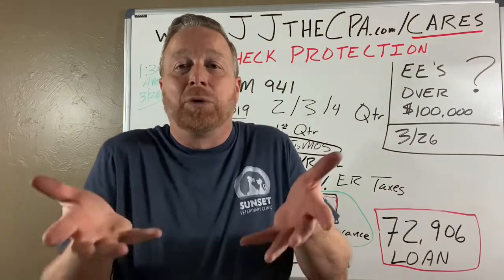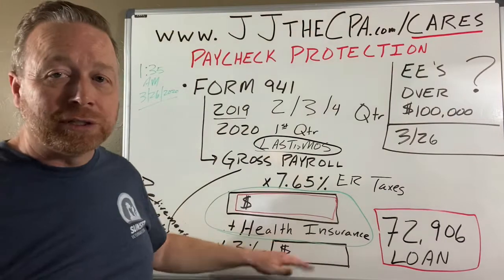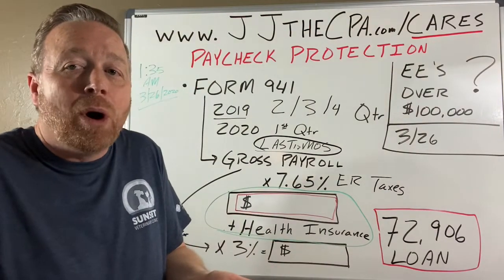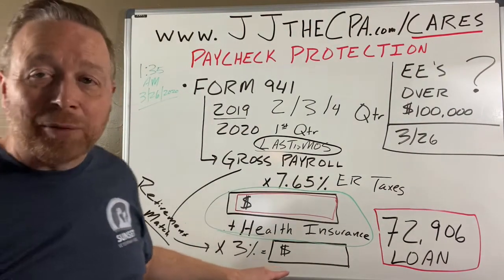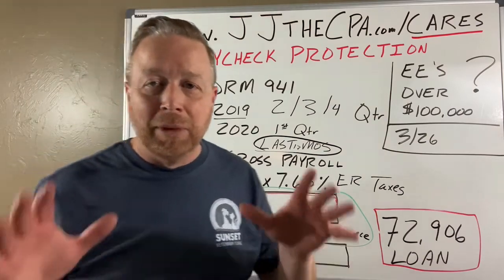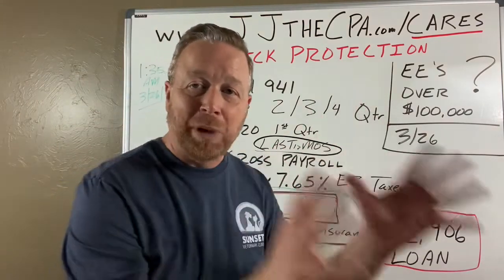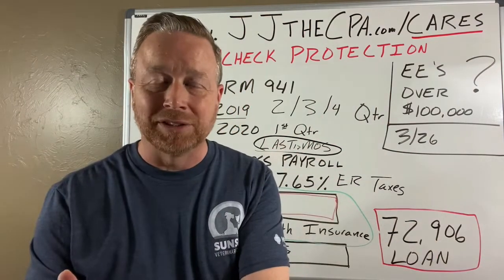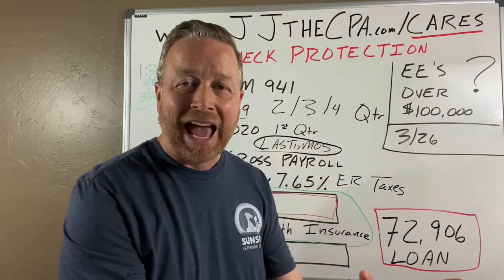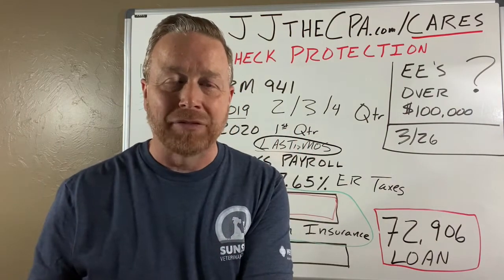It'll go up a little bit. If you're paying health insurance, it's gonna go up just a little bit more if you're doing a retirement match, okay? But let's focus in right now. It's your payroll plus payroll taxes to a monthly average times 2.5.